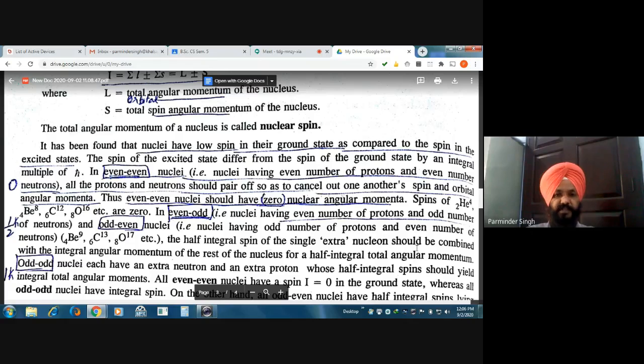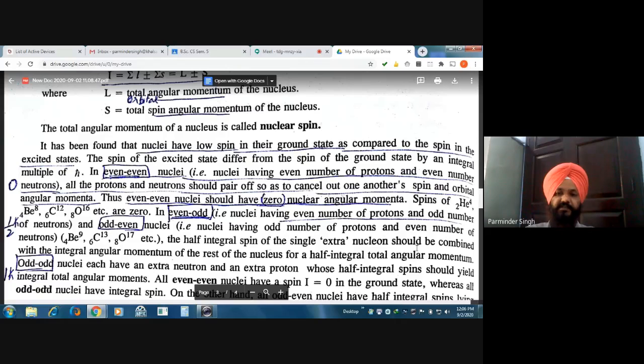For even-odd and odd-even, the total angular momentum is always half h cross, because only a single proton or a single neutron is left which does not pair with its neighboring particle, and that proton or neutron has only a spin of 1 by 2 h cross.